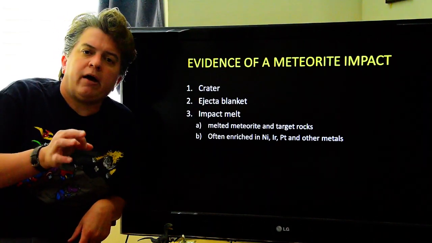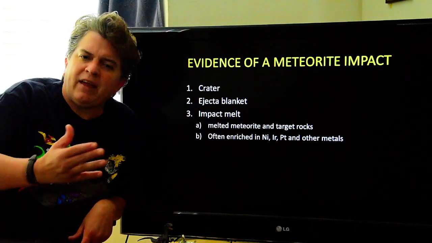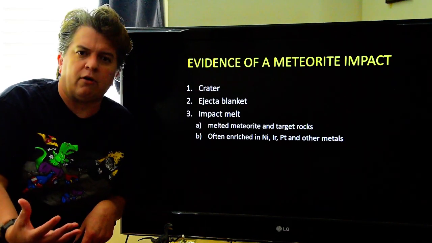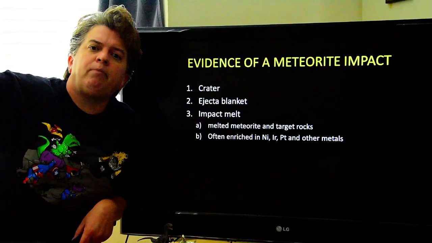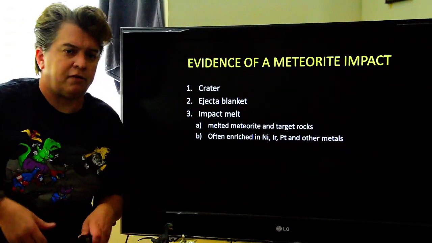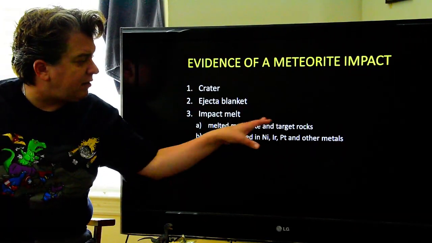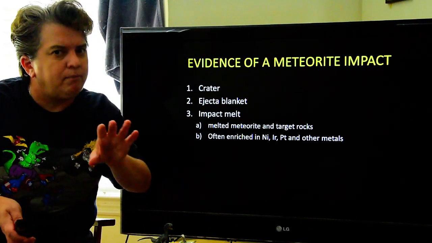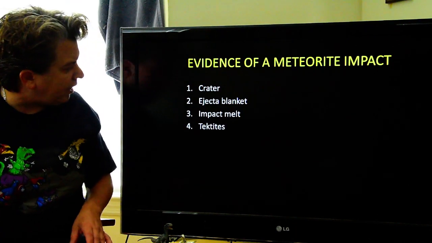These are metals that, yes, we have them on Earth, but not in huge abundances on Earth. They're in much greater abundance out in the solar system. And so when you find these minerals in abundance, there's a good clue that maybe there was a meteorite impact.